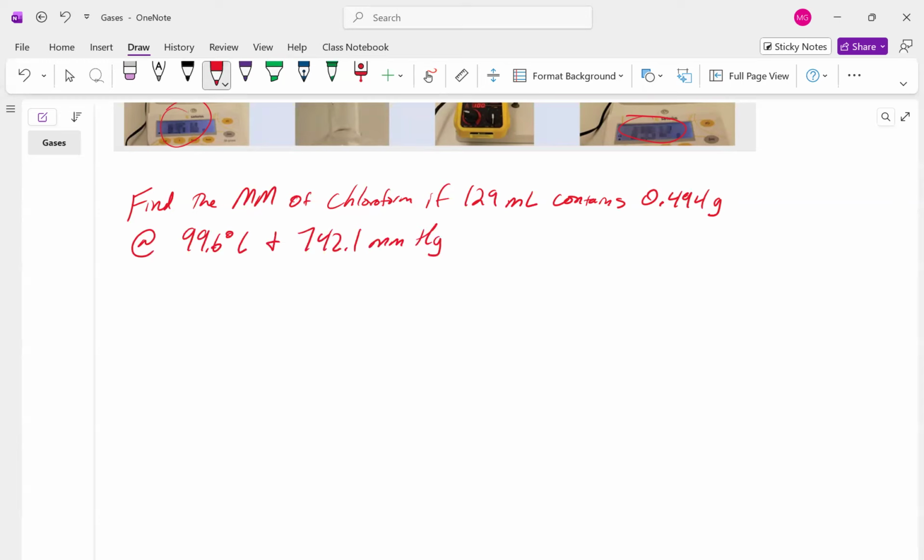Okay, so let's use our equation here. We're going to solve for molar mass. We need to know the mass of the gas times R times temperature over pressure and volume.